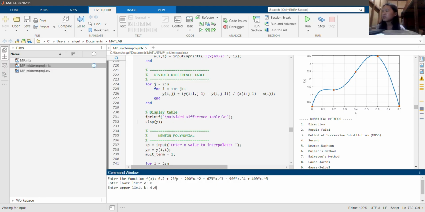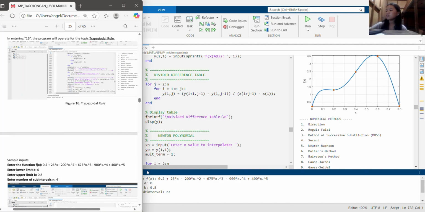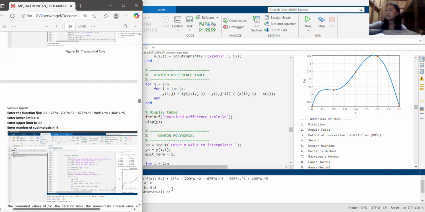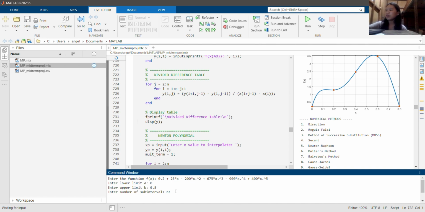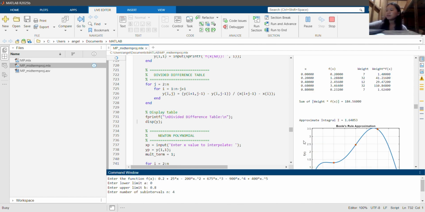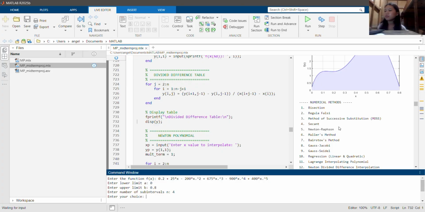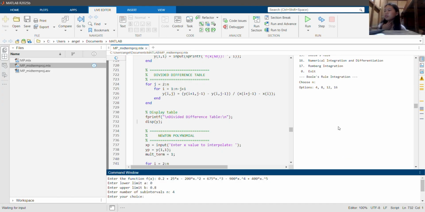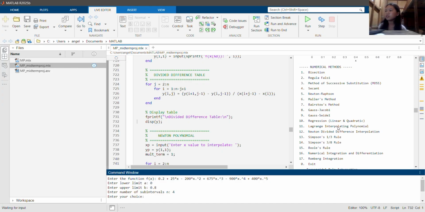Again, the same function as before, and the same lower and upper limit. Subinterval is 4.